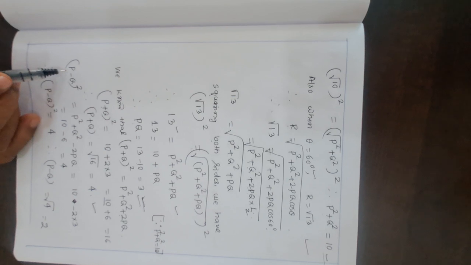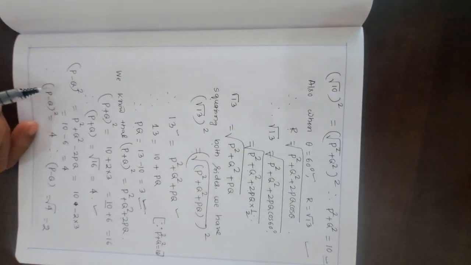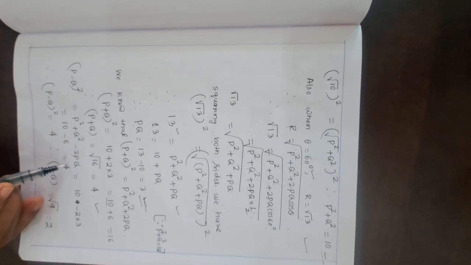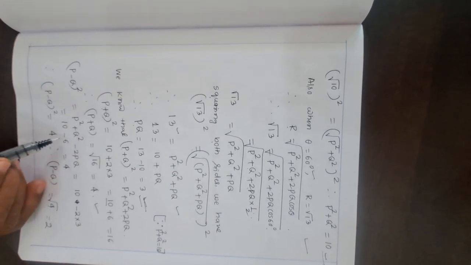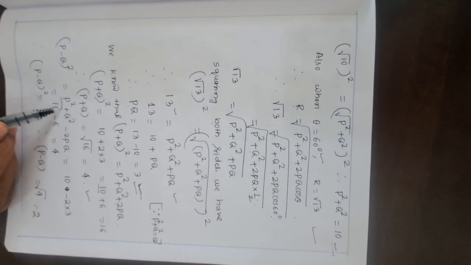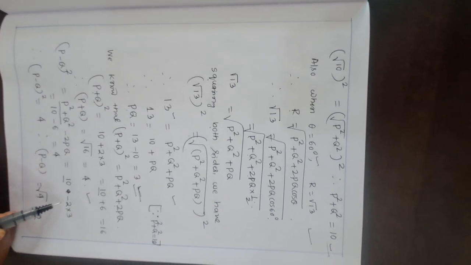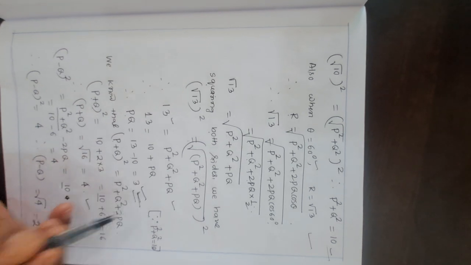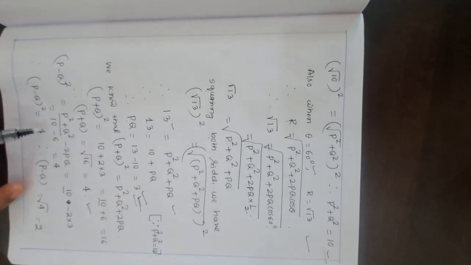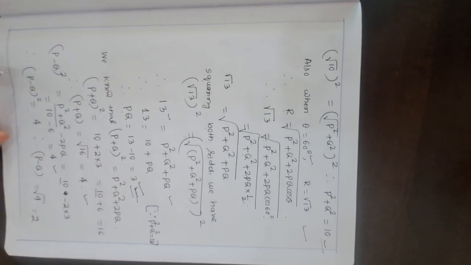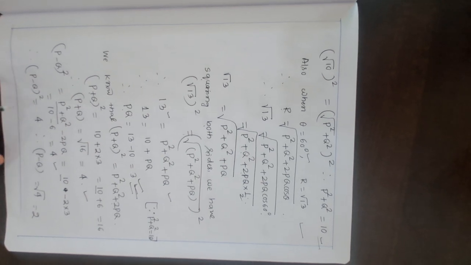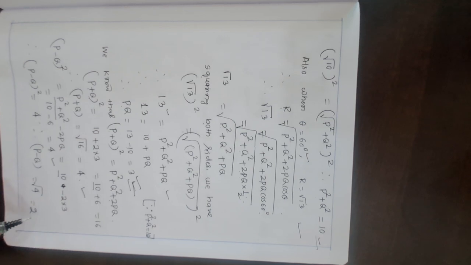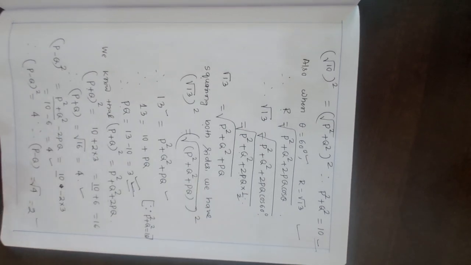You know that P minus Q whole square is equal to P square plus Q square minus 2PQ. After putting all the values, we have 10 minus 2 into 3, because PQ is equal to 3, which is 10 minus 6, equal to 4, or P minus Q whole square is equal to 4, or P minus Q is equal to root over 4, which is equal to 2.